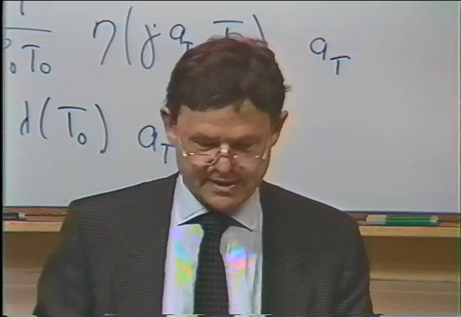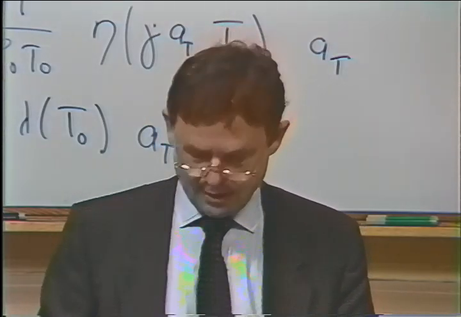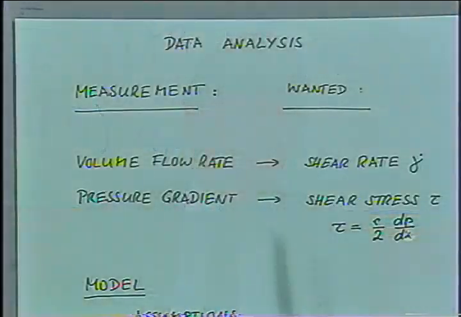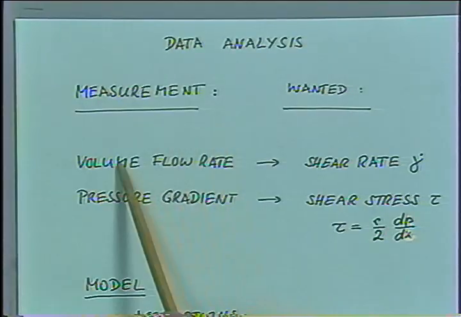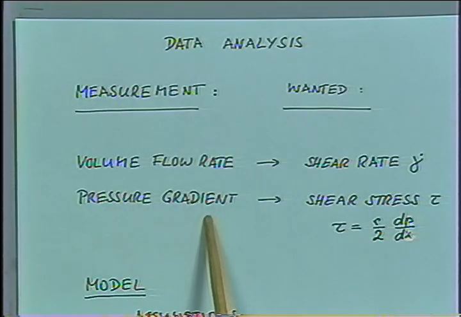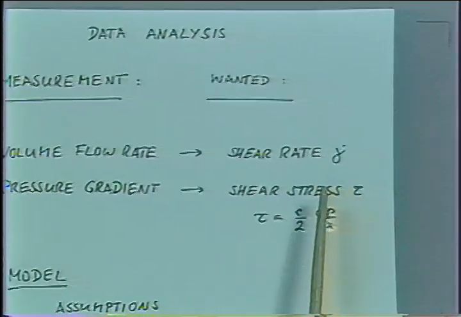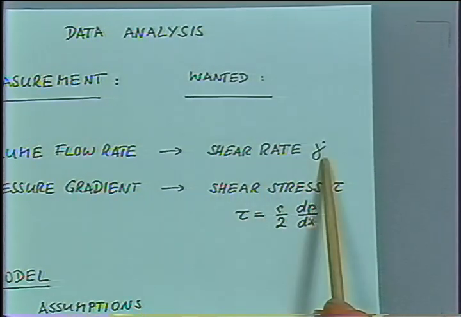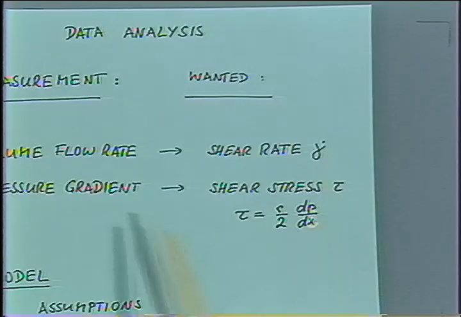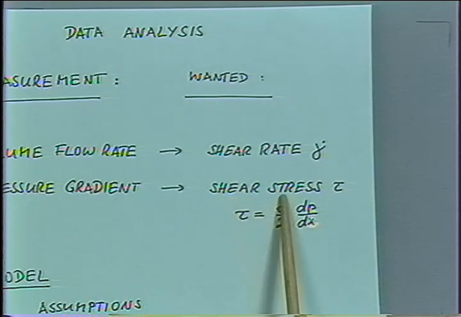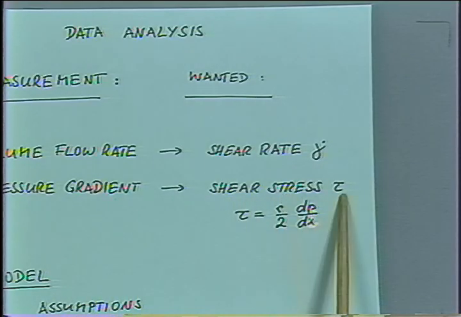So what's the status of our experiment now? We measured with the rheometer flow rate, and we measure the pressure gradient. In the slit, we measure directly. In the capillary, we use Bagley correction to get the pressure gradient. The volume flow rate will be used to determine the shear rate, and the pressure gradient will be used to calculate the shear stress.